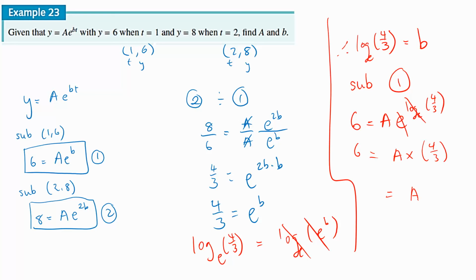Divide both sides by 4 on 3, which becomes 6 times 3 on 4. So A becomes 9 on 2. There we go, A and B.